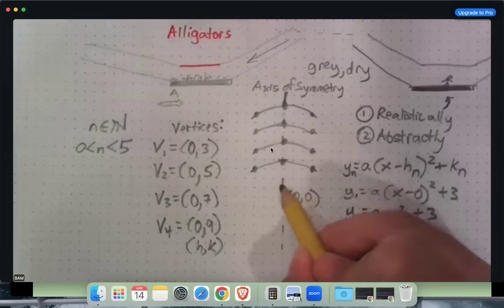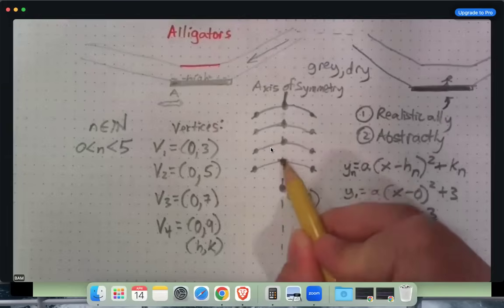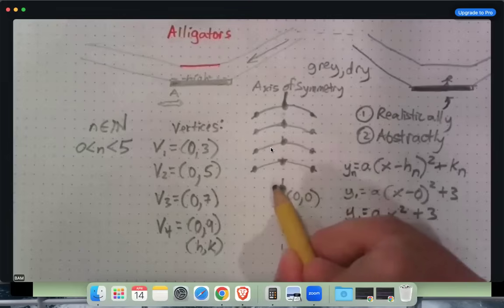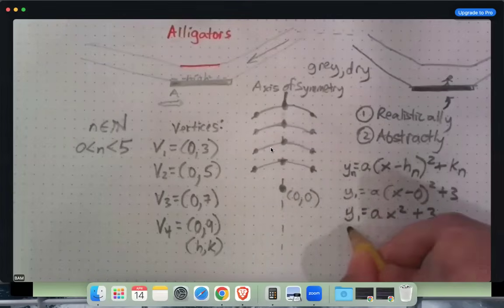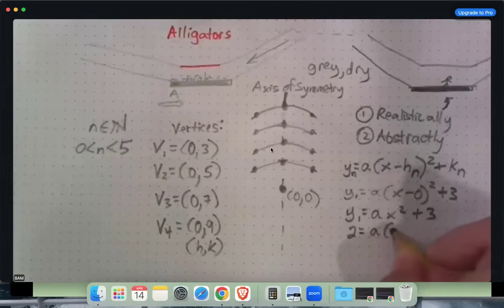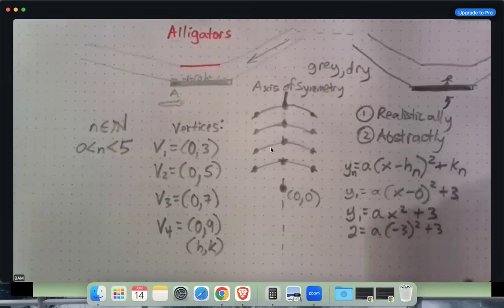So I already used (0, 3). So now I want to use (negative 3, 2). So 2 is a times negative 3 squared plus 3. So 2 is 9a plus 3. So negative 1/9 is a.